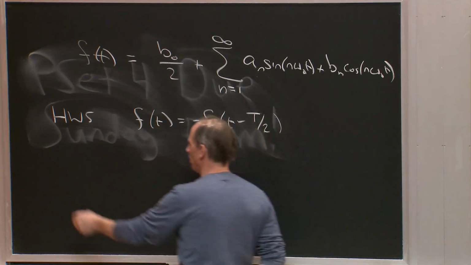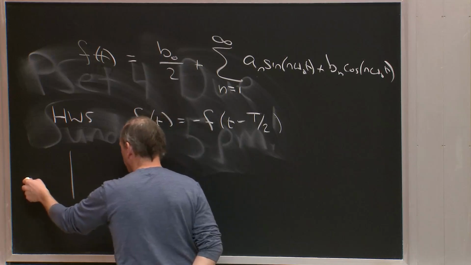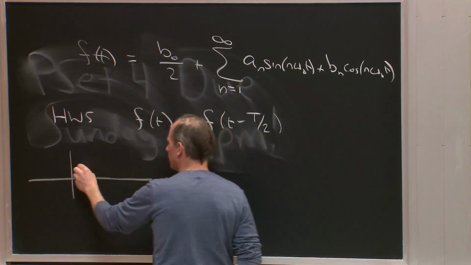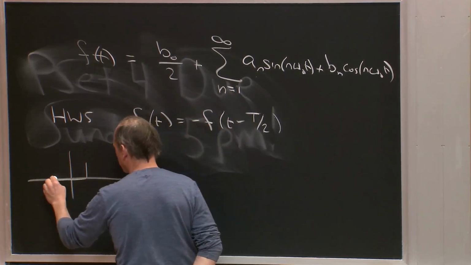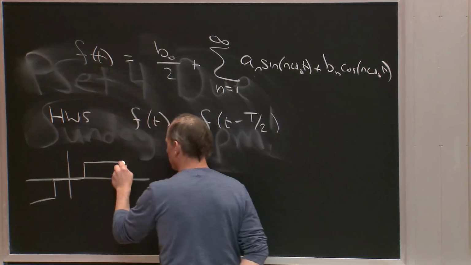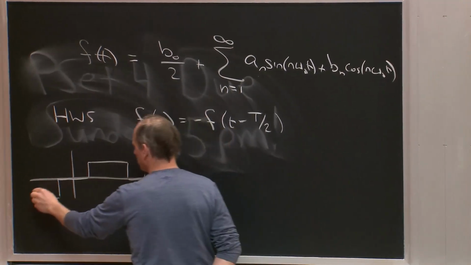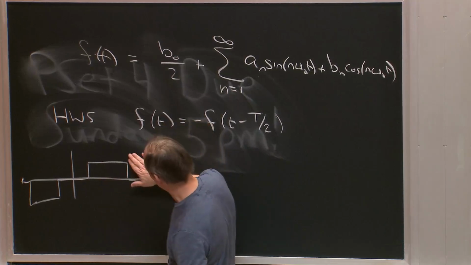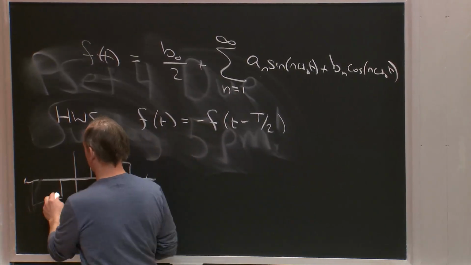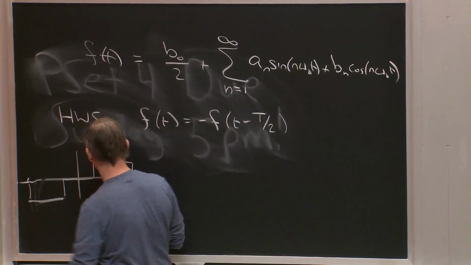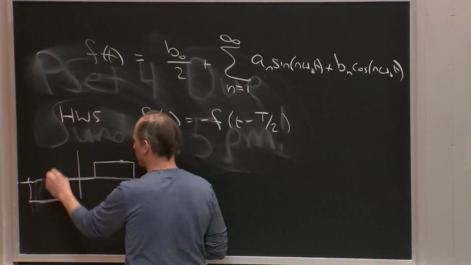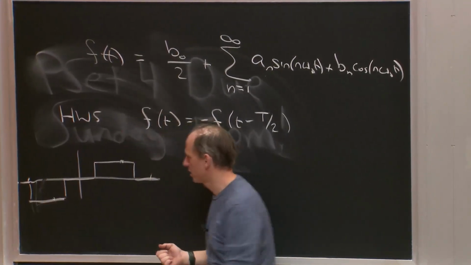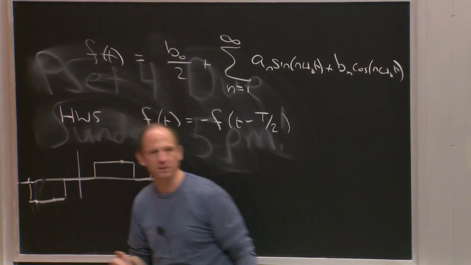So for example, this waveform is both odd and half-wave symmetric. Why? Because if I go back, well, that's a terrible drawing, because this should go further, right? But if I go back at any point half a cycle, I flip across the axis and I get to the same point on the other side, okay?